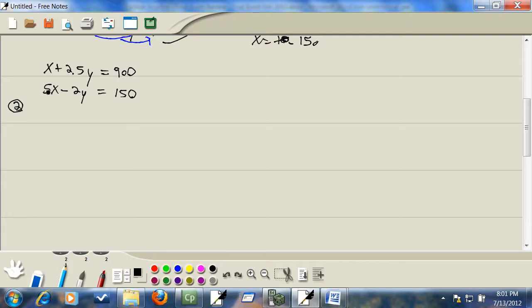Now, additive inverses means this is a positive 5x right here. This has to be a negative 5x. So I think, what do I multiply by this x such that I can get negative 5x? And I would multiply it by negative 5. Well, we have to multiply the entire equation by it. So negative 5 times x is negative 5x. Negative 5 times 2.5y, I have no clue. Let me plug in my calculator.